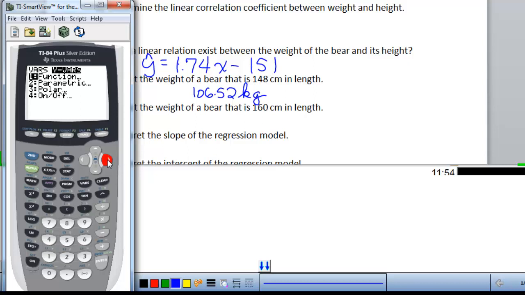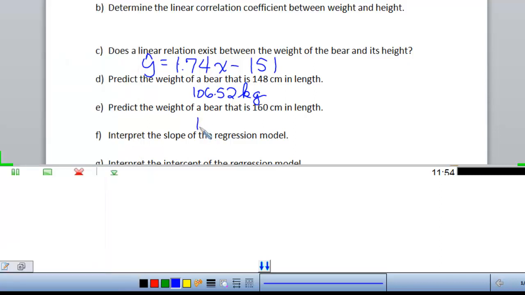Okay, we're on function, and so our function was y1, and now I can say y1 at 160 centimeters. And we get 127.9 kilograms.